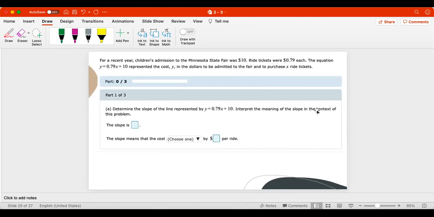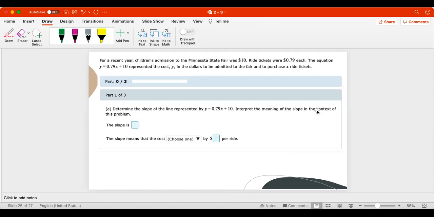To get into the fair, it costs a certain amount of money. Here it costs $10. And then if you want to go on a ride, you have to pay extra. So here they're saying the rides are 79 cents. The equation y is equal to 0.79x plus 10 represents the cost in dollars to be admitted to the fair and to purchase x ride tickets.